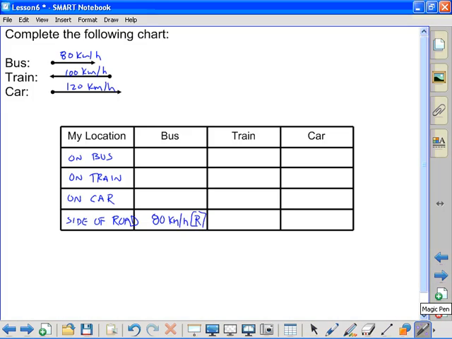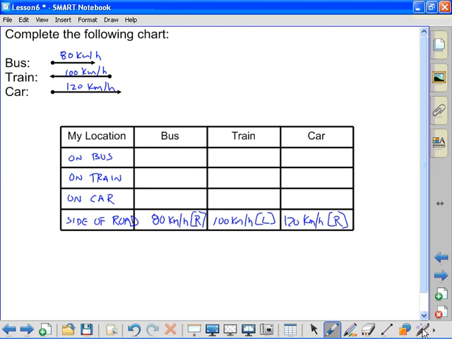The train then would be 100 kilometers an hour left, and cars that are passing 120 kilometers an hour, and that one would be to the right. So definitely not an Acura when we're talking about 120 kilometers an hour.